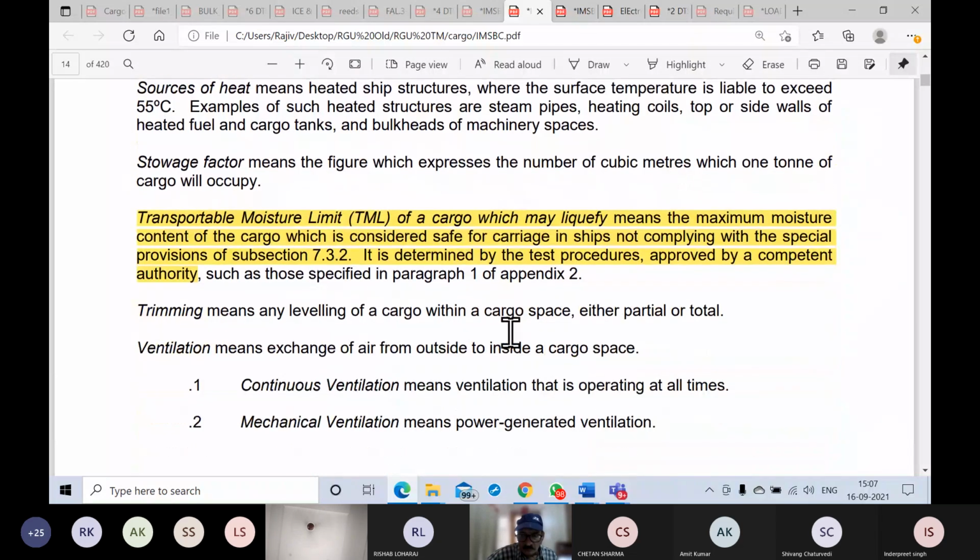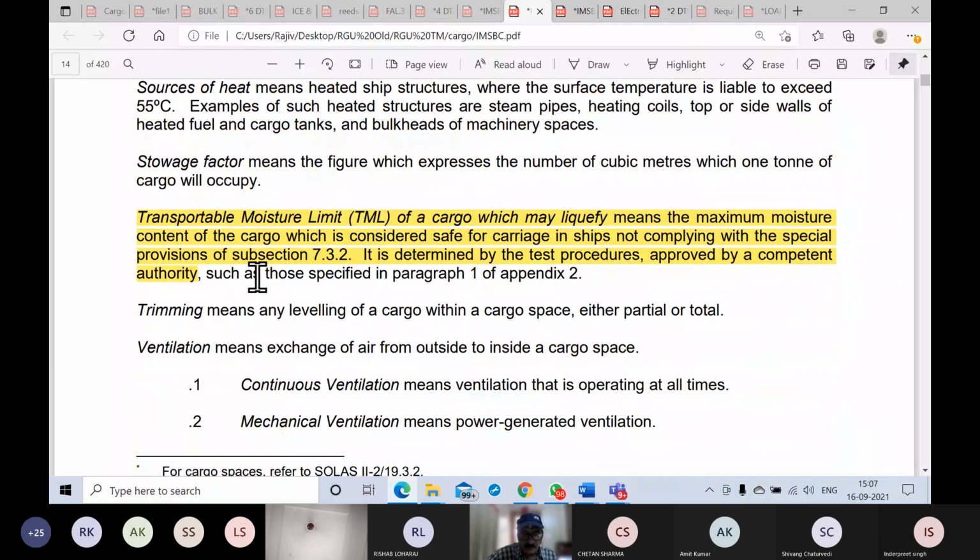We come to a very important definition, TML, transportable moisture limit. The maximum moisture content of the cargo which is considered safe for carriage. It is determined by test procedure, of course, by competent authority. Transportable moisture limit is the maximum moisture content of the cargo which is considered safe for carriage, TML.